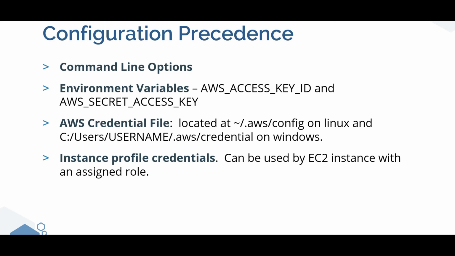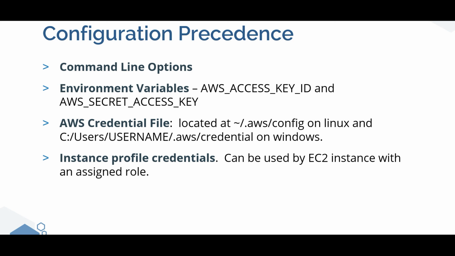Now, when you log into your server and run any command, there's a certain precedence in which it will check for credentials. First, it will check whether you have given them as command line arguments. If not, second, it will check the environment variables called AWS_ACCESS_KEY_ID. If you have not set these environment variables, third, it will check for the credentials file saved locally on the hard disk of the server.